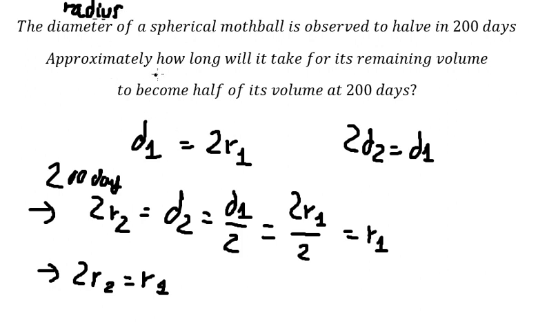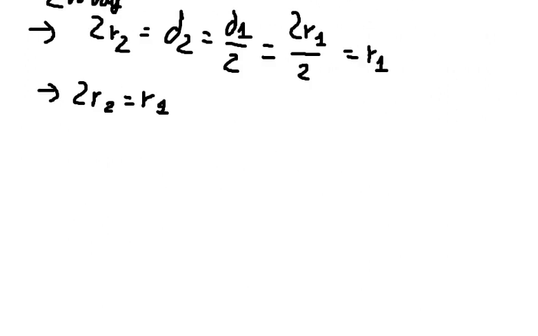Next, how long will it take for its remaining volume to become half of its volume at 200 days? The volume of this one we have is 4/3 pi r to the power of 3. Now after 200 days we can find the new volume, r number 2, based on r number 1.